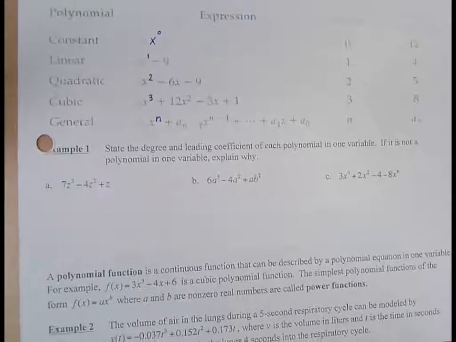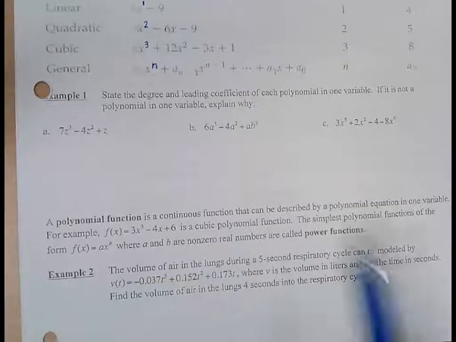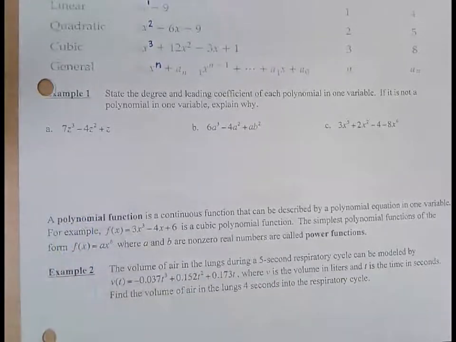So in the first example, you're just stating the degree and a leading coefficient, but if it is not a polynomial in one variable, to explain why, because in that case you don't need to find the degree or the leading coefficient. So if we look at A, we have 7z cubed minus 4z squared plus z. We only have one variable, z, so it is a polynomial in one variable.